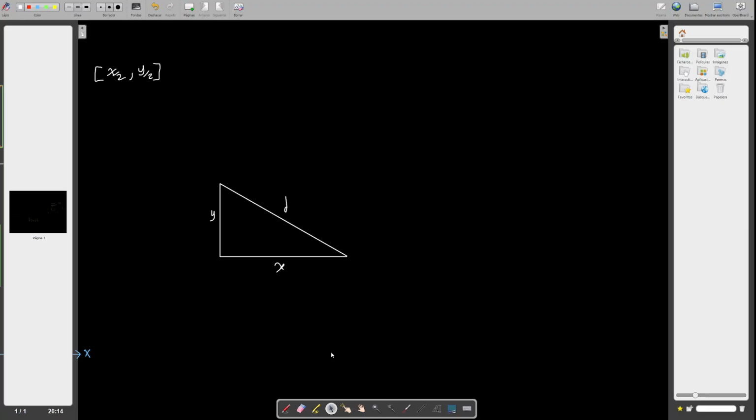Let me copy it. Just because the x changes direction, does that make this line longer or shorter? Is the distance between this point and this point going to change? No, it's not going to change.